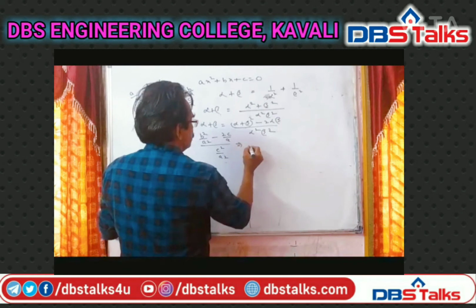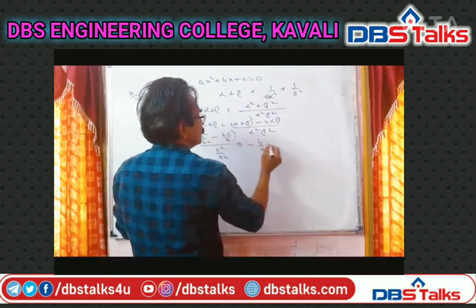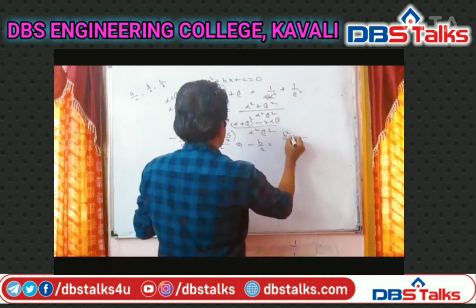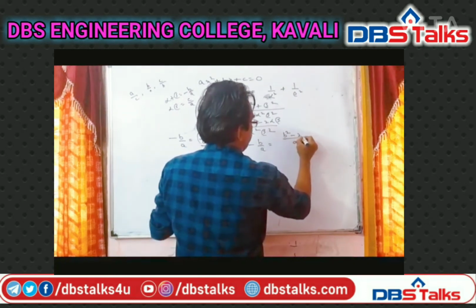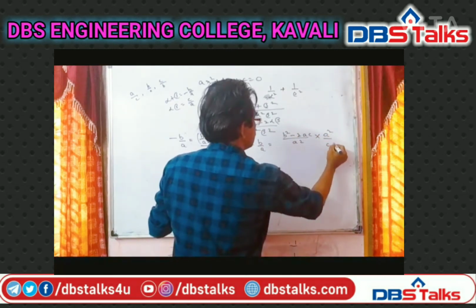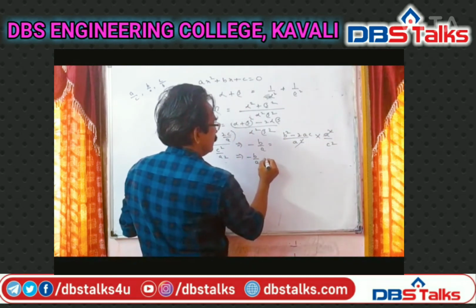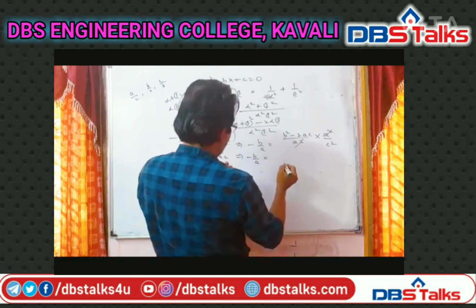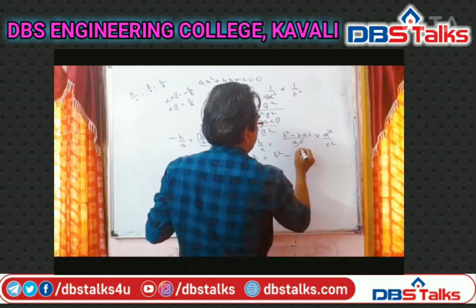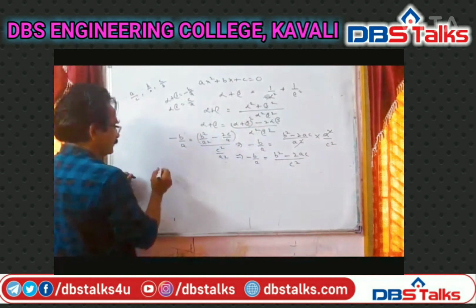It implies minus b by a is equal to, LCM a square, b square minus 2ca or 2ac into a square by c square. A square gets cancelled. It implies minus b by a is equal to b square minus 2ac by c square.